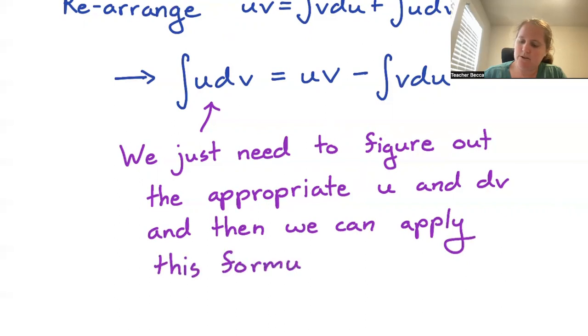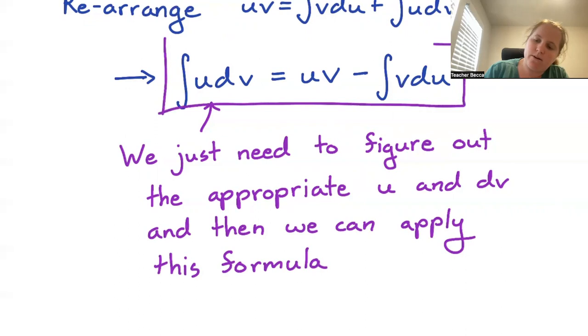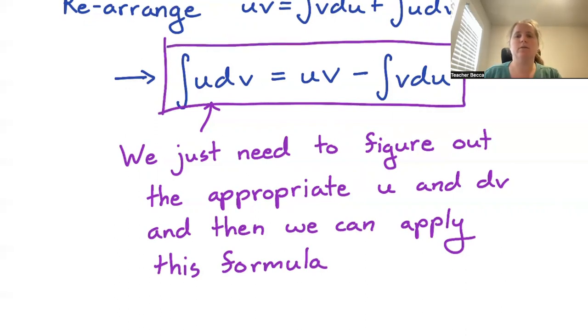So again, this is just essentially the integral version of the product rule. It comes straight from the product rule. And it's that the integral of u dv is equal to u times v minus the integral of v du.